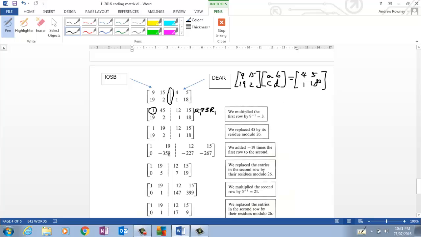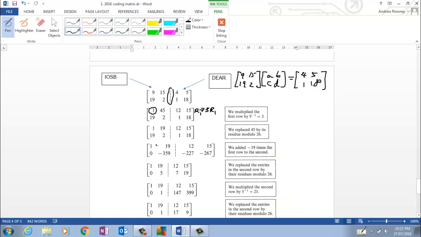Now we're going to replace the 45 by the number in the alphabet using the modulo arithmetic. So 45, if you minus 26, you'll get 19. So 45 is now 19 sitting there, and we still keep the same numbers. That's done that row.